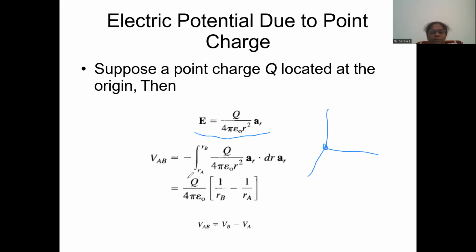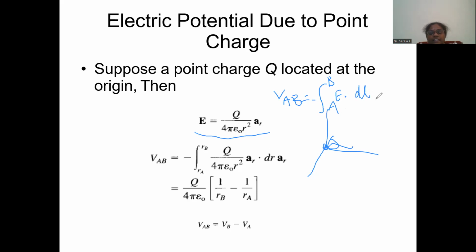So now VAB is nothing but the integral from RA to RB. RA is the initial point, RB is the final point. So E dot dL. Normally what we referred, VAB is equal to minus the integral from A to B of E dot dL, as we did previously.